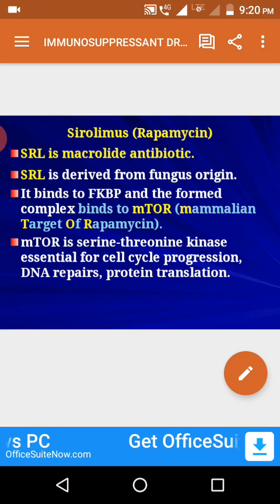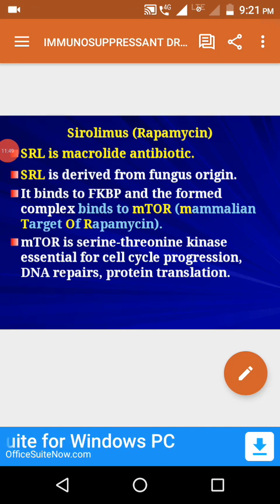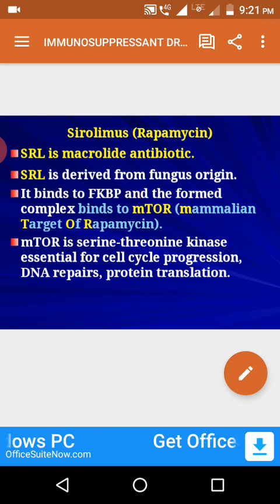You know, we discussed this with the anticancer drugs: the cell cycle, G0, G1, S, G2, M. Whenever there are excessive levels or over-activation of mTOR, it causes progression of the cell cycle, which leads to proliferation of T cells.